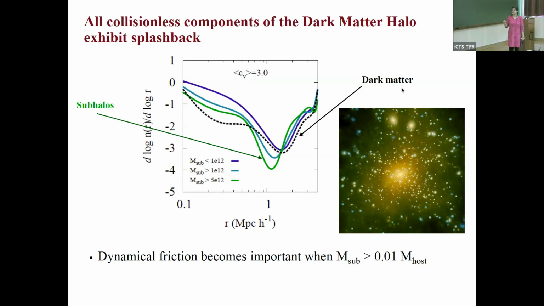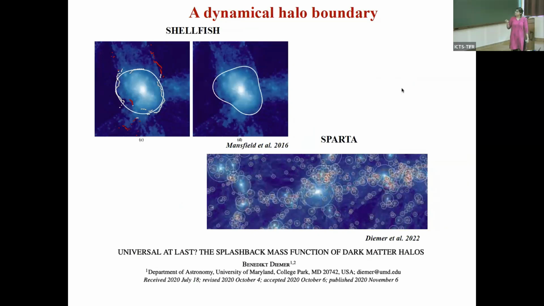Of course, subhalos are not point-like particles like we imagine dark matter particles to be. They are extended objects, and particularly for massive subhalos that are prone to dynamical friction, you can see a shift in the location of the splashback radius compared to the particle splashback radius in halos. So this provides a dynamical way of defining where the boundary of the halo is.